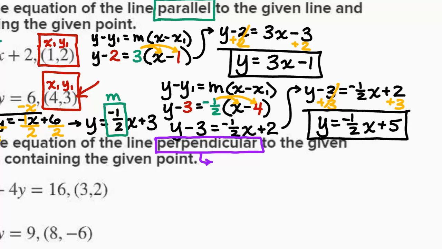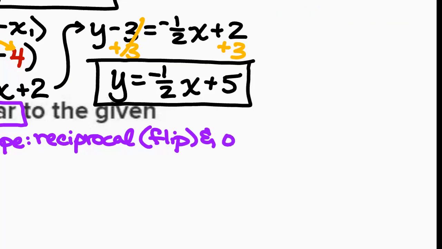How? Reciprocal and opposite sign. What does reciprocal mean to do again? Flip our fraction. So reciprocal and opposite sign.